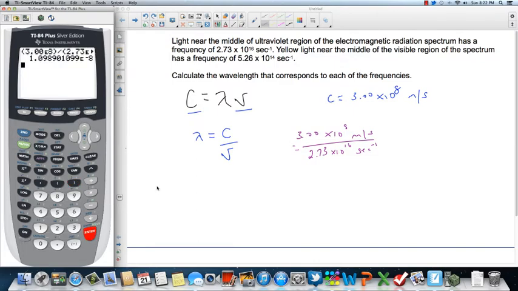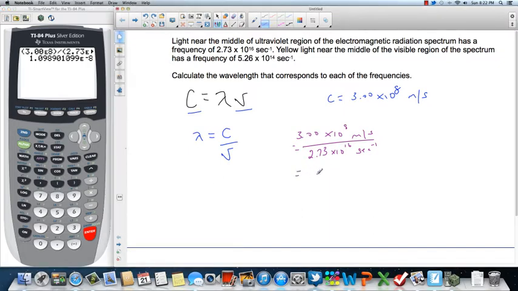We get about 1.0989 times 10 to the negative 8th meters. Again, we want to make sure we use the right number of significant figures as we have all semester. We've got 3 here, so we want 3 in our final answer. 1.0989 would round to 1.10 times 10 to the negative 8th meters.